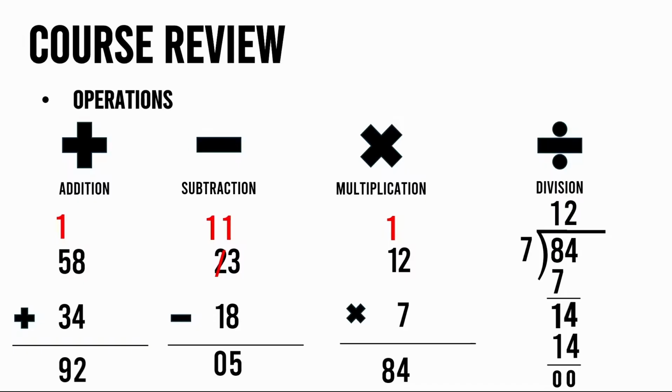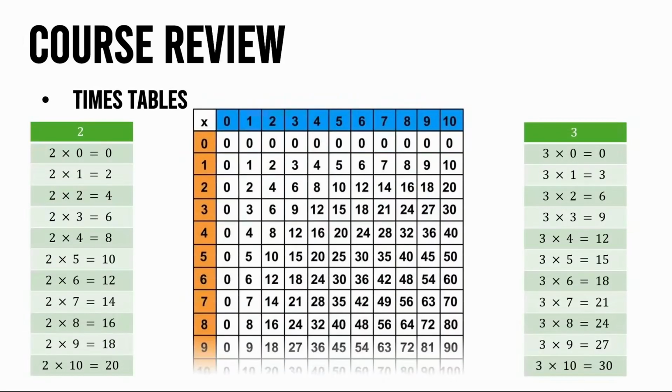Everything in basic arithmetic is built on these 4 operations. Times tables. Times tables allow us to remember the multiplications from 1 to 10 quickly.